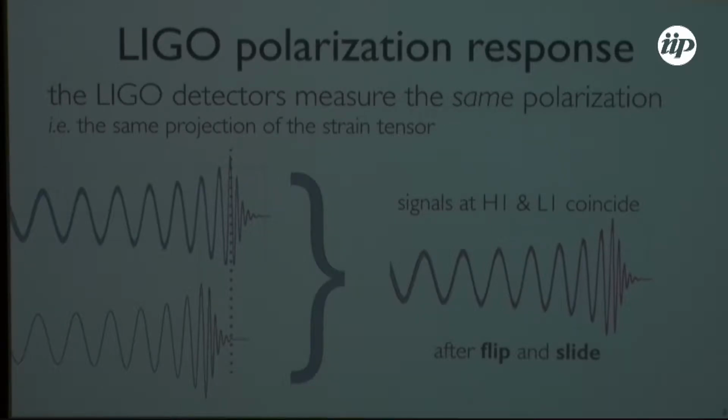But this is just because the two instruments are anti-aligned. It needn't be. If you looked at what Virgo would see, for example, it would have a different morphology and this would no longer be true. So the LIGO instruments are measuring essentially the same projection of the gravitational wave, and that's what I meant by measures one polarization.